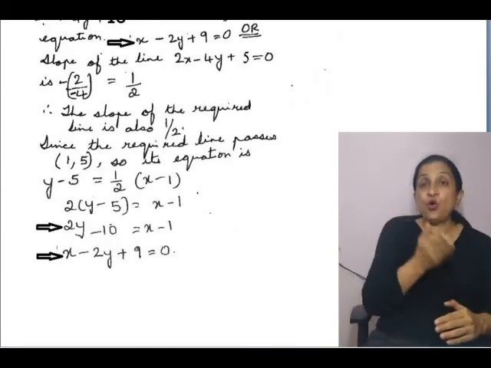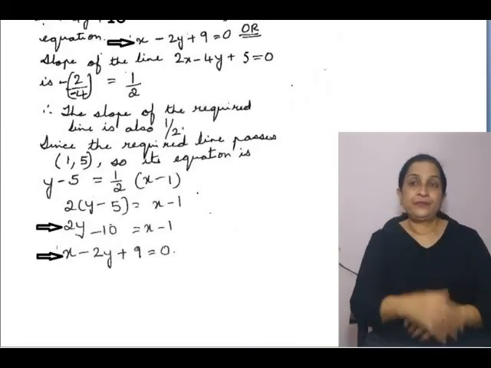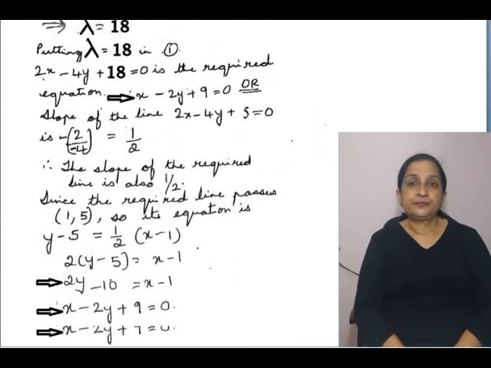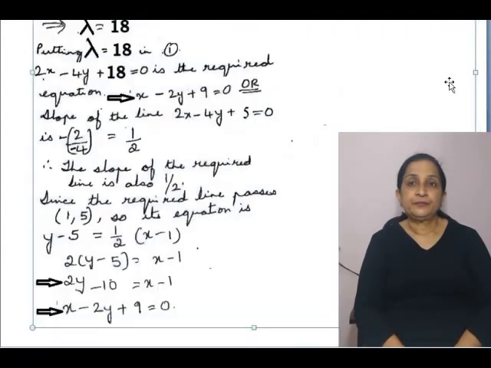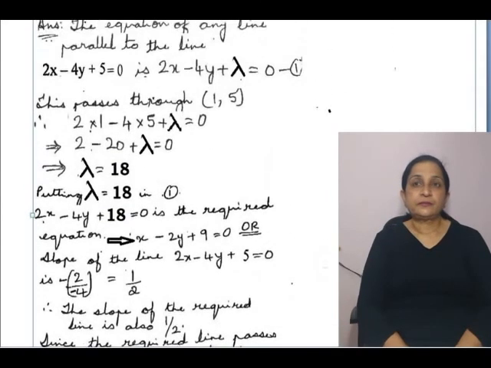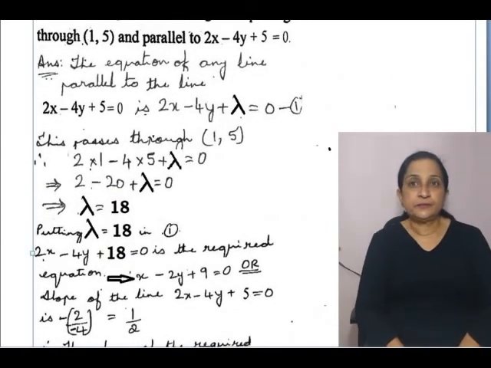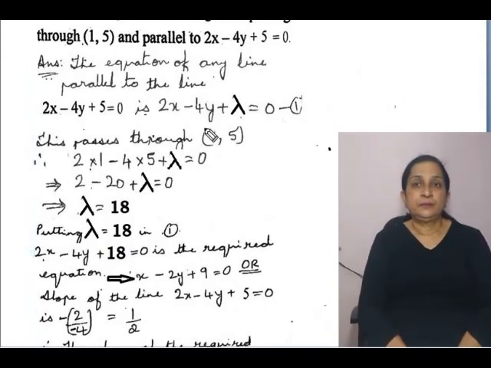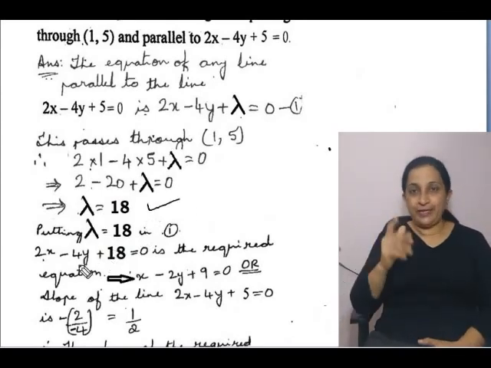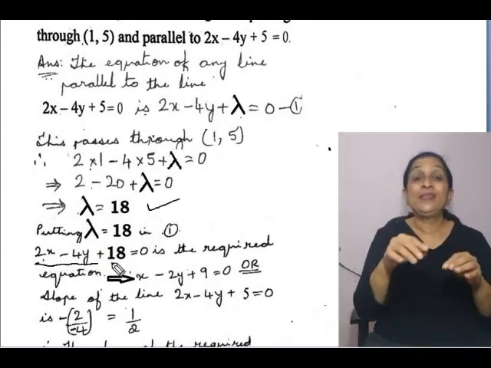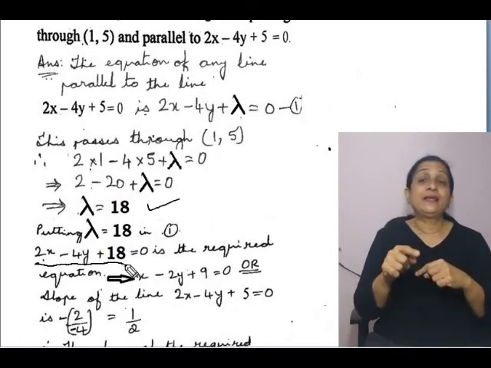There is one more method. This is the simple method, putting in the value of lambda. We put that value, so 2x minus 4y plus 18 is equal to 0.